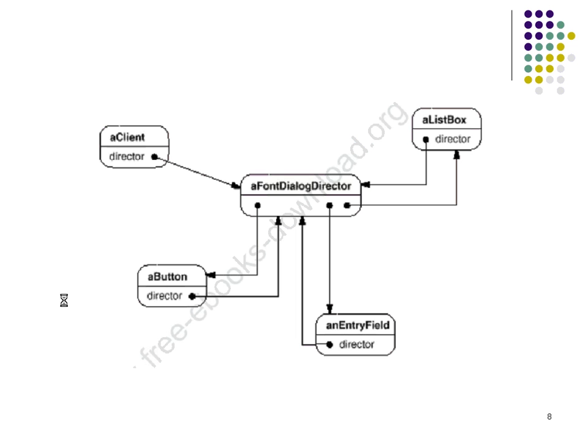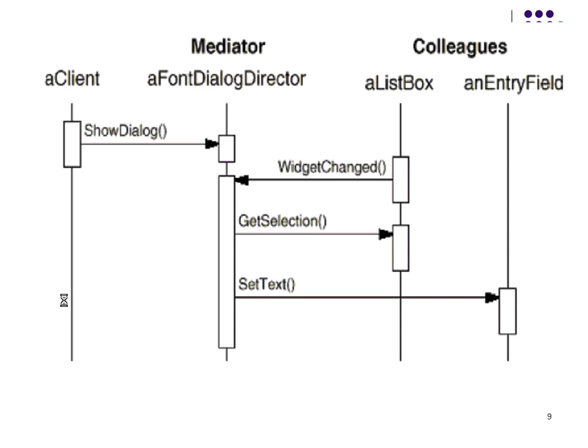The OK button object again does not have a pointer to the other objects in this object diagram. It only has a pointer to the director object. So what I essentially do is introduce a common object called a font dialog director. And all the other objects contain a pointer to this director object. And the director object also contains a pointer to these objects. Now, we have not yet seen how that whole thing is going to work.